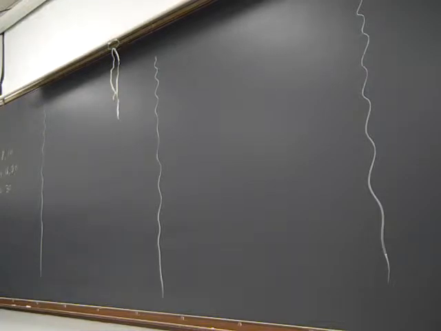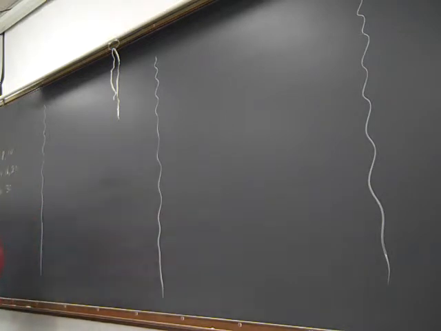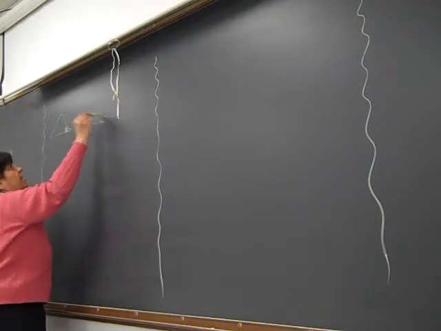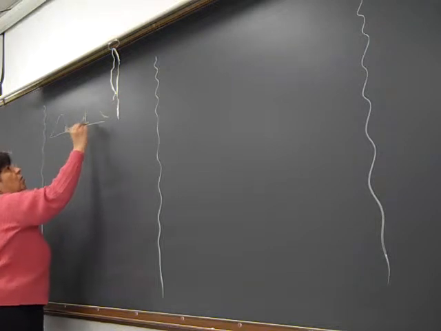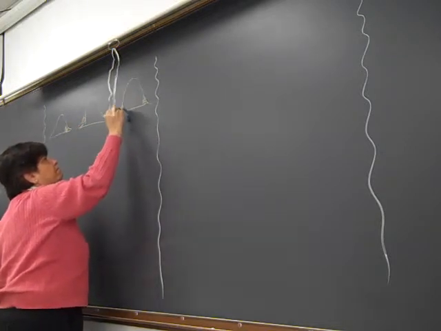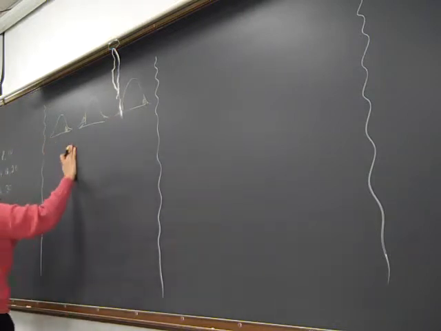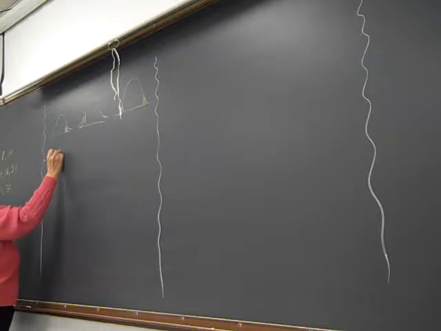Okay, we covered last time that we have three possibilities, right? Upper tail test, lower tail test, or two tail test. We have the upper tail test when my null hypothesis says less or equal, and my alternative says greater.